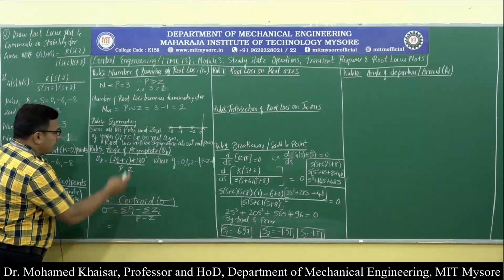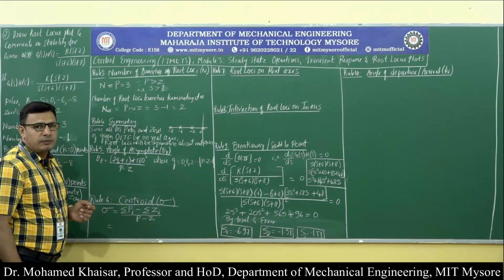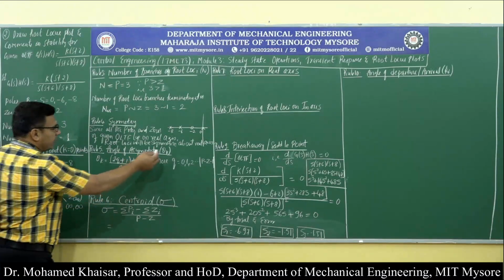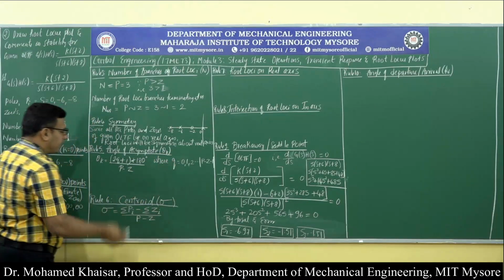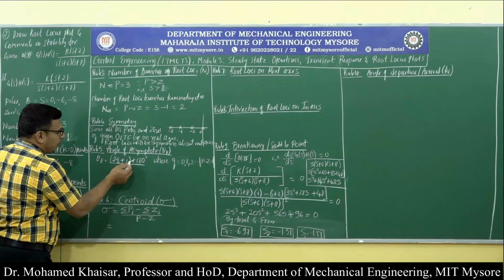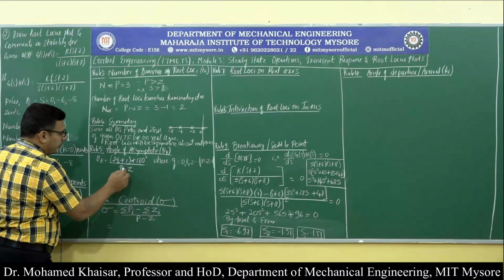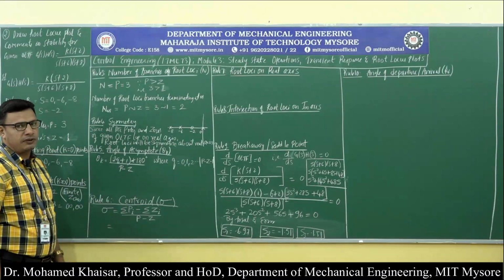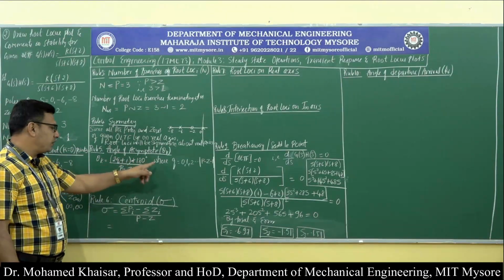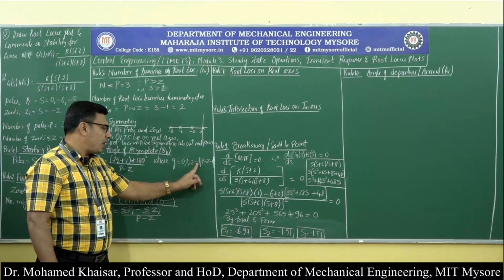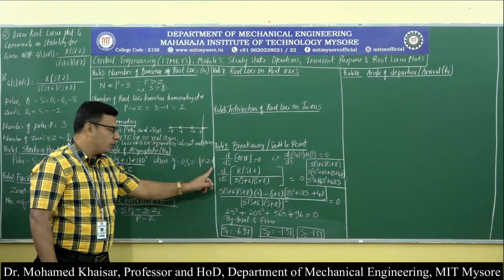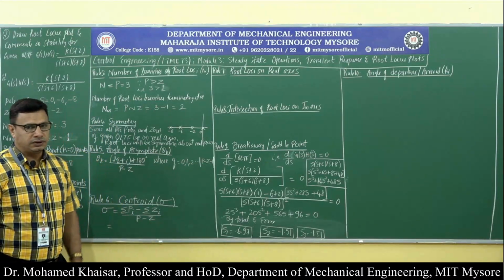Now, the angles at which the asymptotic straight lines will travel are denoted by theta k, which is given by (2q plus 1) into 180 degrees divided by p minus z, that is, number of poles minus number of zeros, where q is equal to 0, 1, 2, etc., up to modulus of p minus z minus 1.